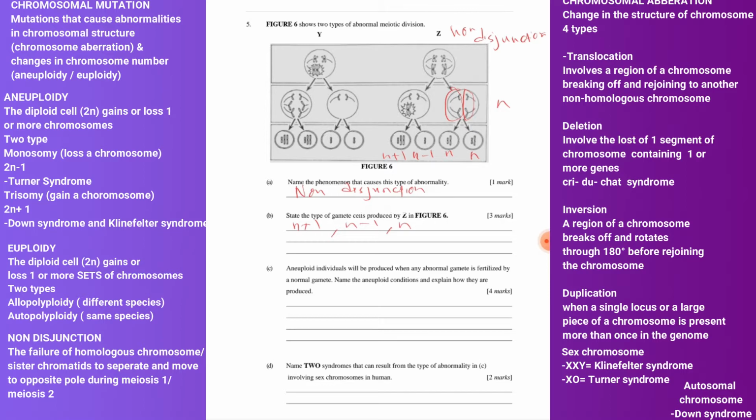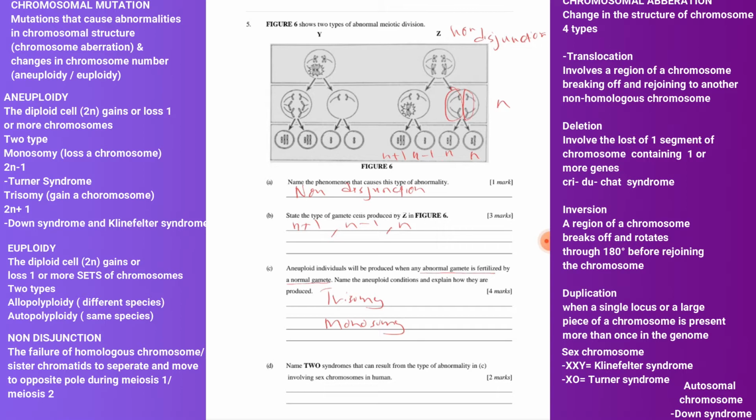Okay, aneuploid individuals will be produced when any abnormal gamete is fertilized by a normal gamete. Name the aneuploid condition and explain how they are produced. Okay, aneuploid condition, either it will be trisomy or monosomy. What is meant by trisomy?